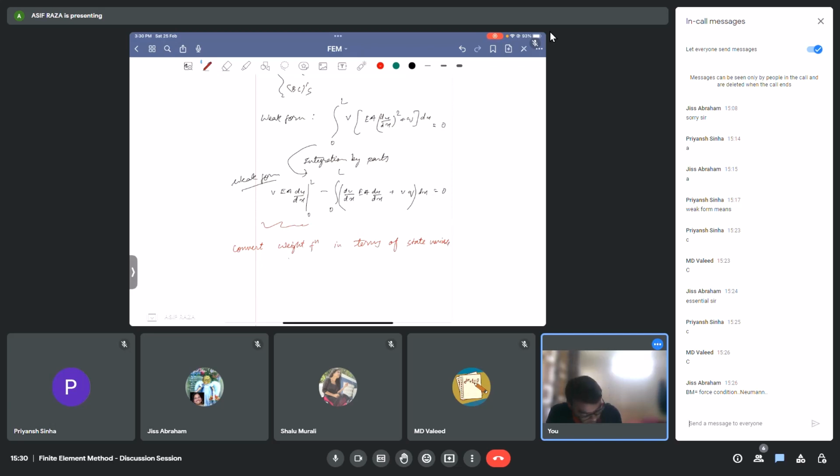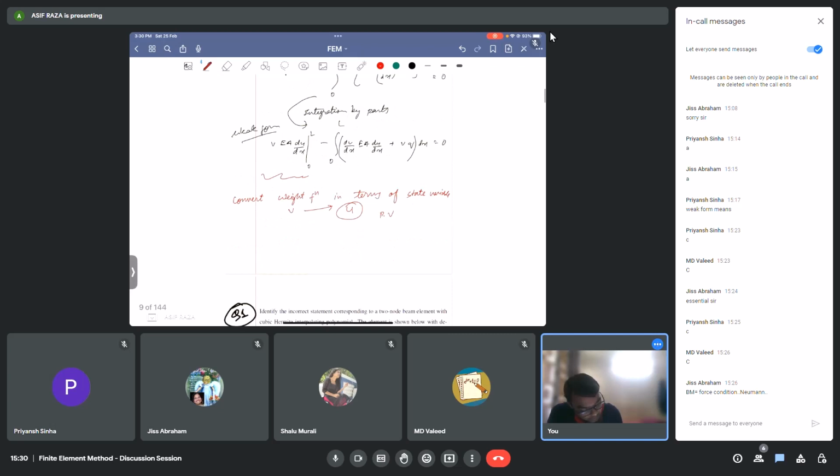In this case, v is my weight function. Convert it in terms of displacement, that is u.